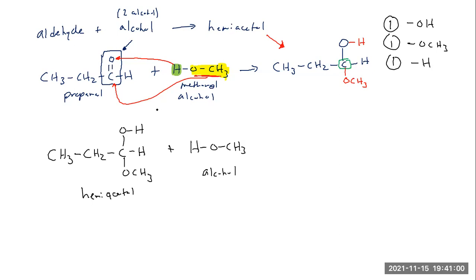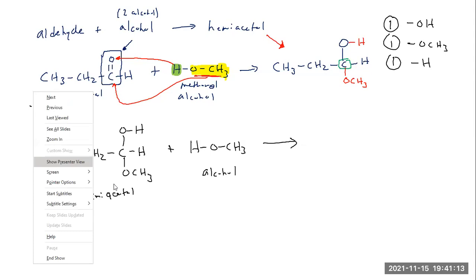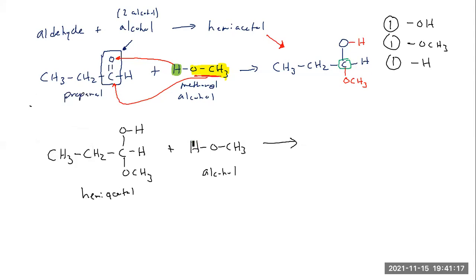A similar process occurs here. We are going to get water that's going to form. And the water is going to basically come from here. H2O. So that is where the water is going to come from.